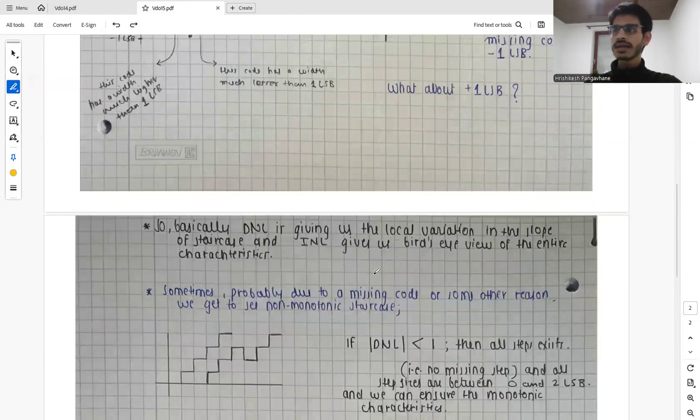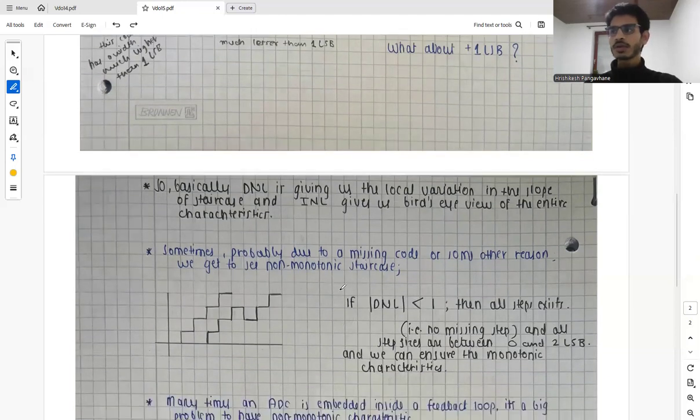So then we will take an overview. DNL gives us the local variation in the slope of the staircase, and INL will give us a bird's eye view of the entire characteristic. Sometimes, probably due to a missing code or some other reason, we will get to see a non-monotonic staircase.